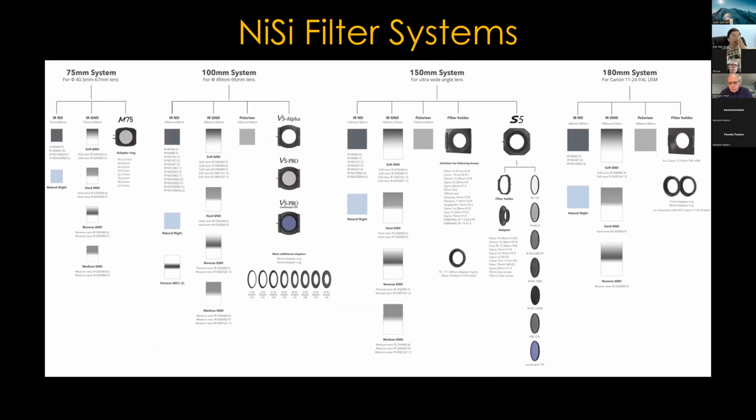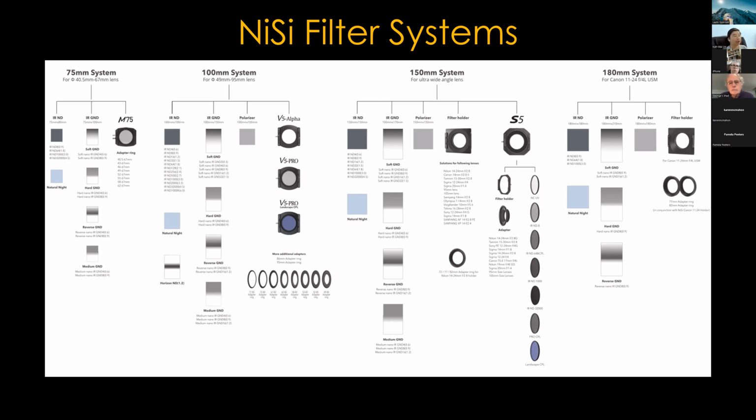So if we take the NISI filters as an example, I'm not selling filters here, I just want you to understand how we can pick filters when we decide to buy.